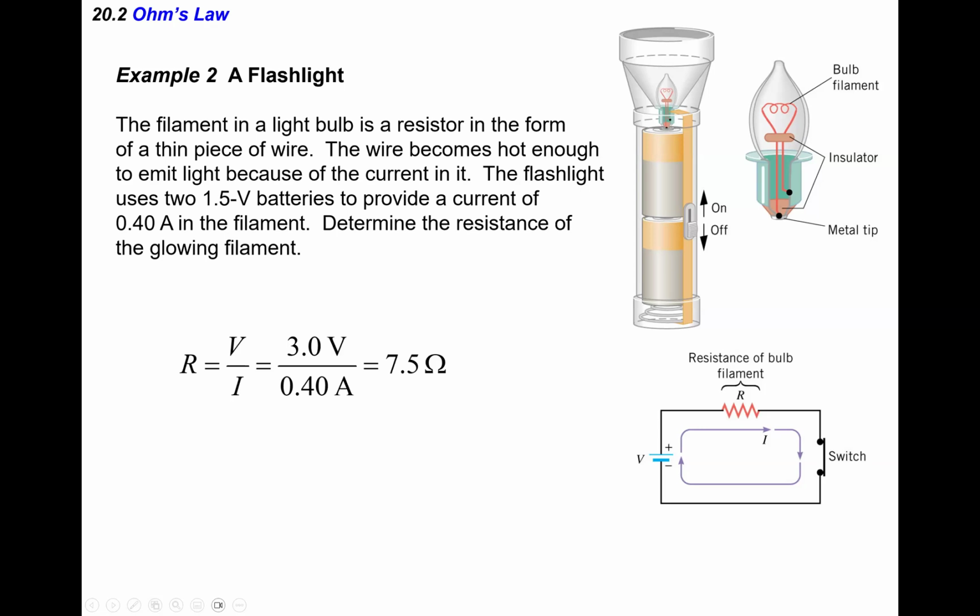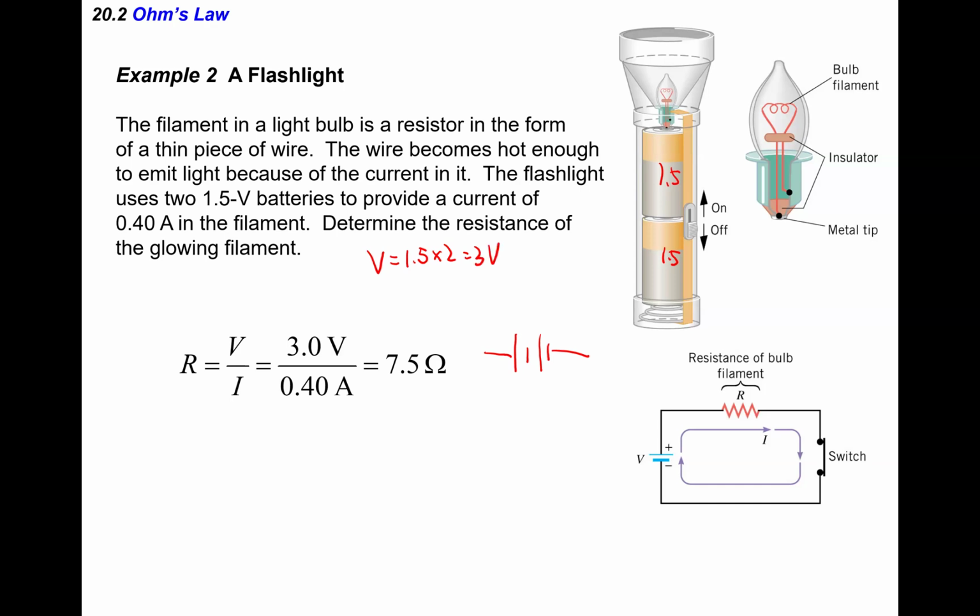And the flashlight uses two 1.5 volt batteries. So you have 1.5 here, you have 1.5 here. So the battery, you can do it like this, two batteries, okay? And then connect it like that. So if you have two batteries, our voltage will be equal to 1.5 times 2, which is 3 volts.